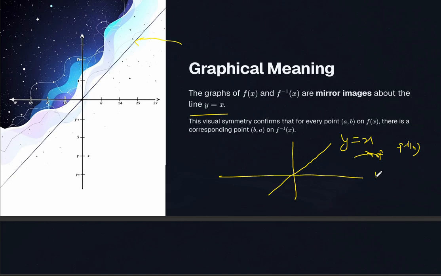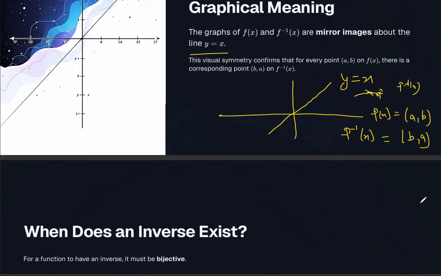Suppose there is a function whose graph has coordinates (a, b). After taking the mirror image of that graph about the line y is equal to x, we will get the graph of the inverse function which has coordinates (b, a).